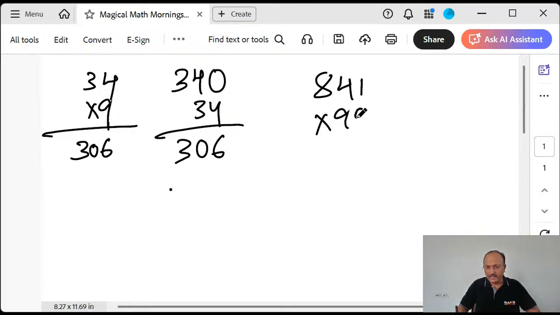Okay, let's take this: 841 into 99. Try this. Let's go for a bigger number. 841 into 99. These will come handy whenever you are doing the calculations.